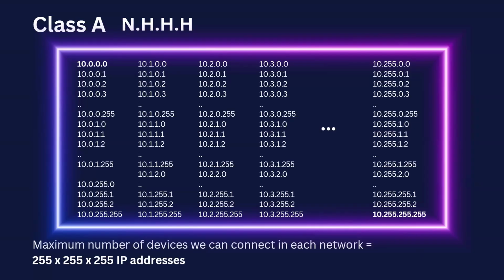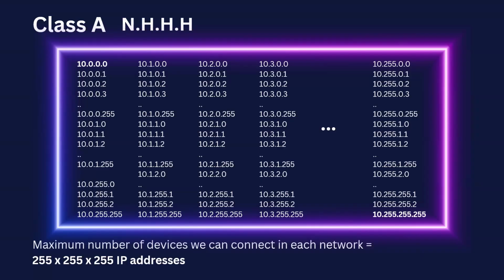Class D and Class E don't have any private IPs in them, guys. They are public IPs itself. But Class D and Class E public IPs are special public IPs. Class A, B, C public IPs are for internet connection. Class D and Class E public IPs are not used for internet connection. They're used by special organizations, such as your research and development organizations, companies like DRDO or ISRO, your military organizations, RAW, ISI, FBI, CIA, CBI, your weather forecasting services, weather broadcasting services, sorry.